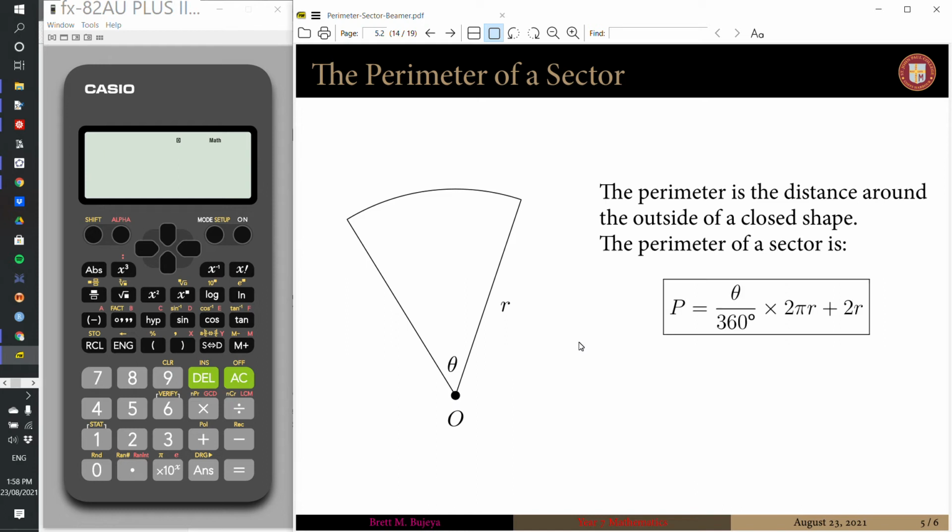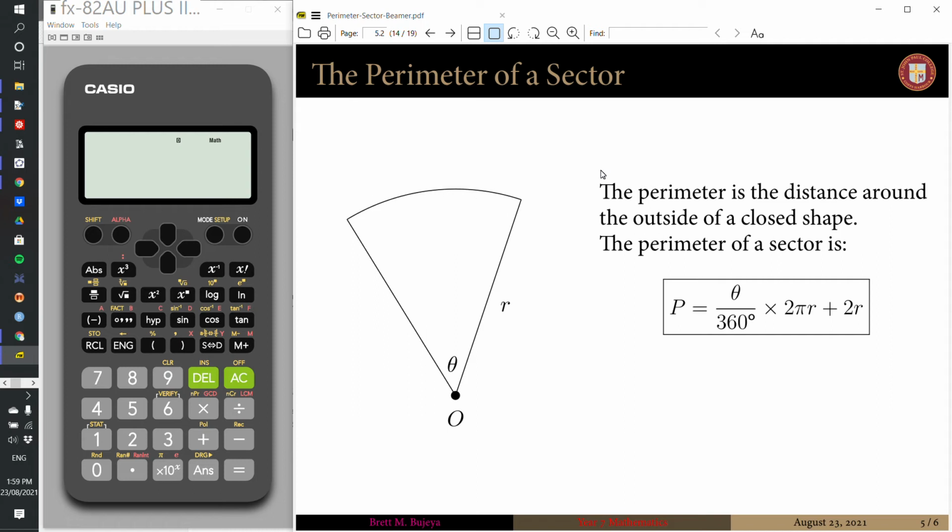This theta over 360, you'll see in a few other formulae that you're going to meet down the track. 2 pi r is for a full circle. This theta over 360 is telling you what fraction of the full circle you're dealing with. So this first term actually gives you this curved distance, this arc.